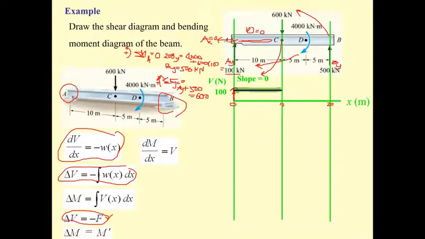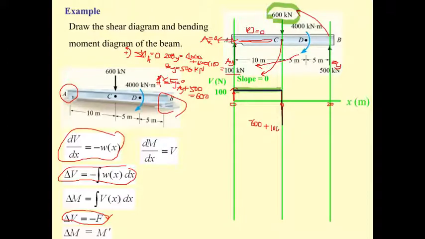And then we go to the point of 600 kilonewton. At this point, the force goes downward, 600. So the value here is minus 600 downward, and then you have plus 100 already.